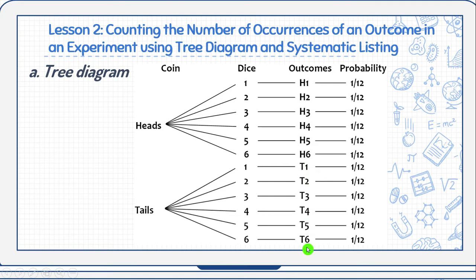Pero, isa lang po ang lalabas: head 1, head 2, head 3, head 4, head 5, head 6, tail 1, tail 2, tail 3, tail 4, tail 5, tail 6. So therefore, 1 out of 12 or 1 over 12. Okay, so that's for our letter A.